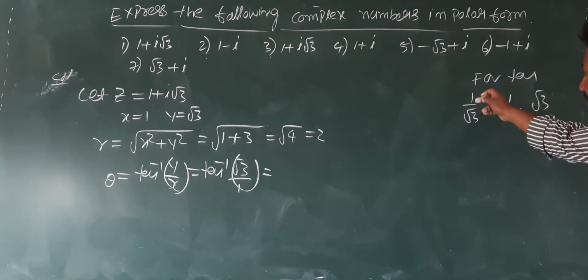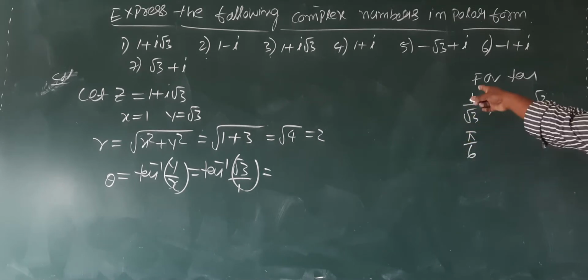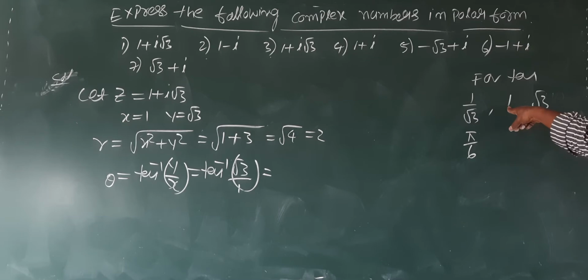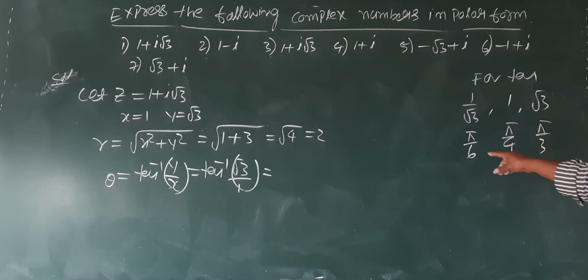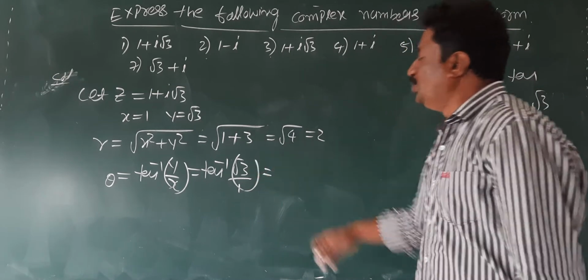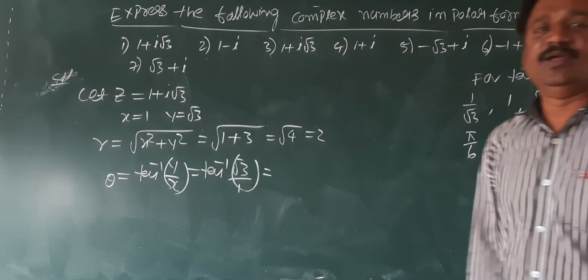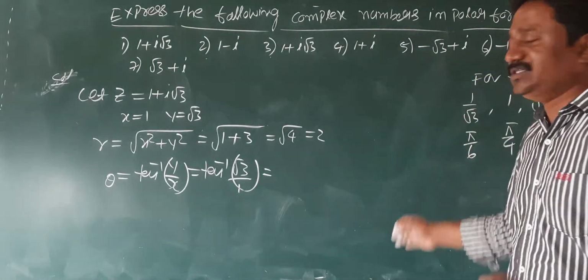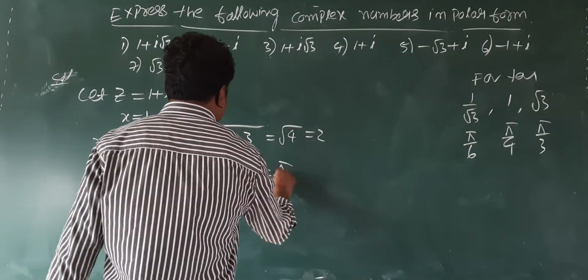This is the number for the angle pi by 6, tan 30 is 1 by root 3. This is for the angle pi by 4, and this is for the angle pi by 3. That is 30 degrees, 45 degrees, 60 degrees. So tan inverse root 3 should be pi by 3. I already explained these things in the last class.